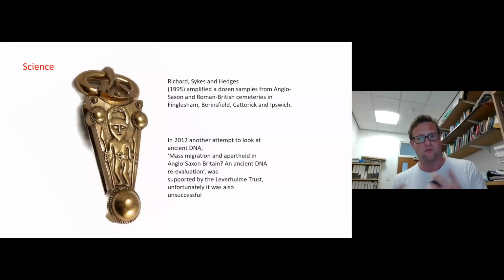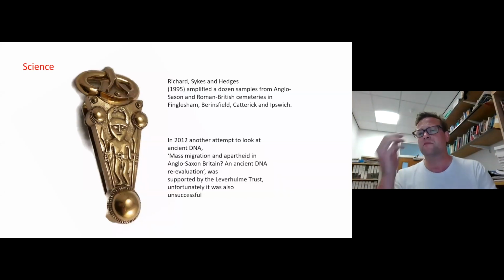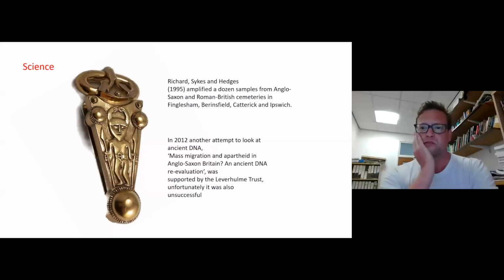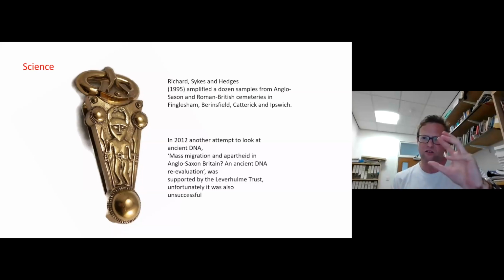Another attempt in 2012, which I was involved in, where we tried to select samples from Appledown in West Sussex. We were really interested in that site because it looks like slightly different things going on in different parts of the cemetery. So are they Anglo-Saxons and Britons? That's what I'm sort of getting at here. And so we sampled it, we identified the samples. The museum said, well, these are our collection.